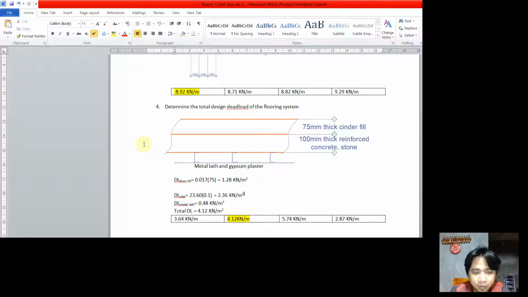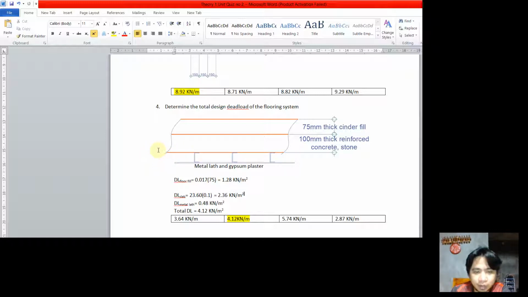So again, we will note the permanent items on these structural elements. First, we have the dead load for the floor fill. So it is 0.017 times the thickness. We have 1.28 kilonewton per meter squared. And for the dead load for the slab, we have 23.6.